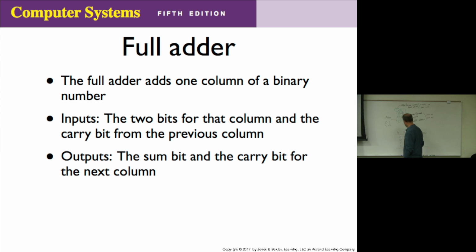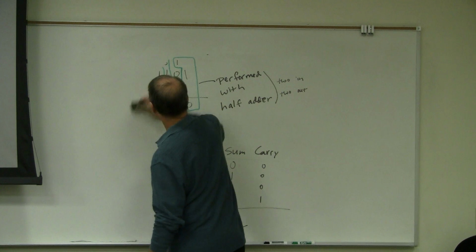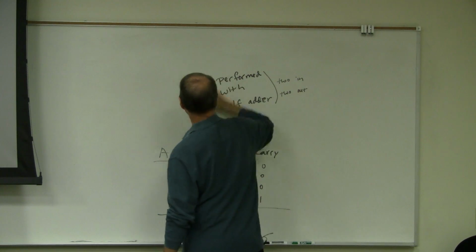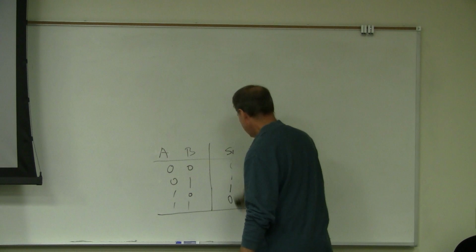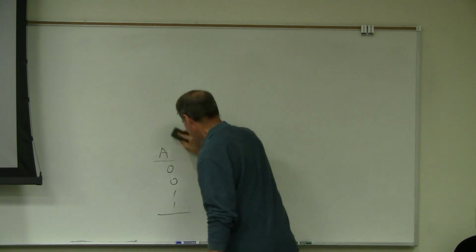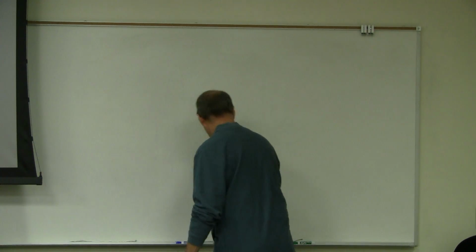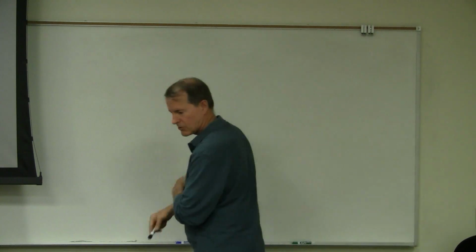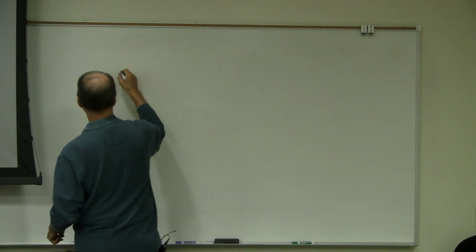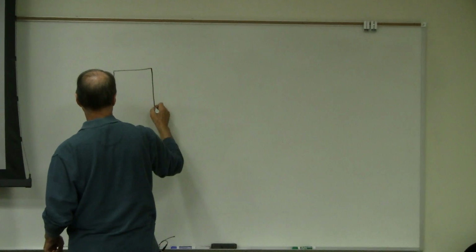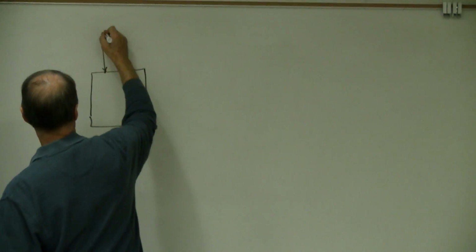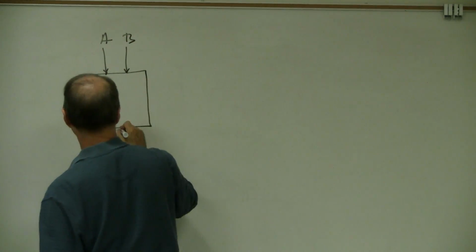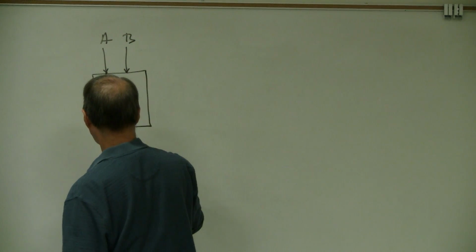All right, so now let's do that. You should be able to do this. Let's see. So the block diagram would look like what? It would be A and B, and then this is the sum.